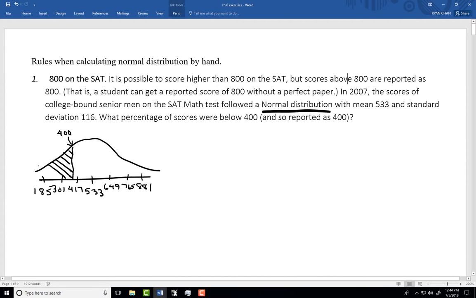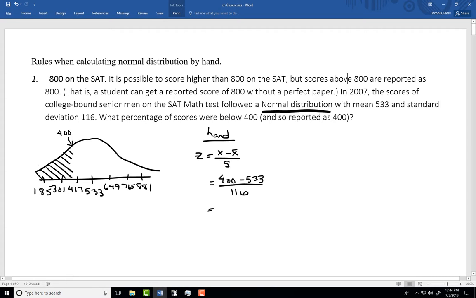If I'm going to do this by hand, I'm going to use a formula: z is equal to x minus x bar over s. This is a formula that you have used back in chapter 3. My observed score is 400, my mean is 533, and my standard deviation is 116.